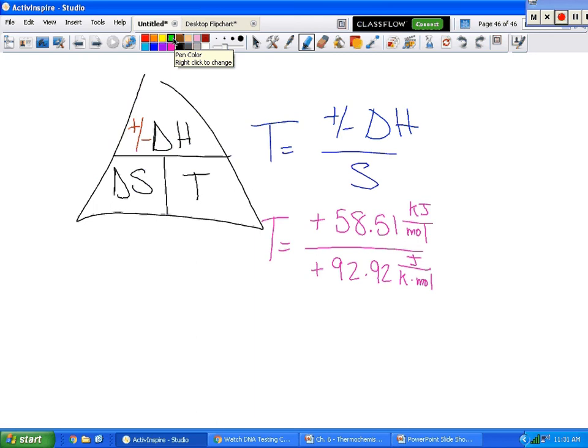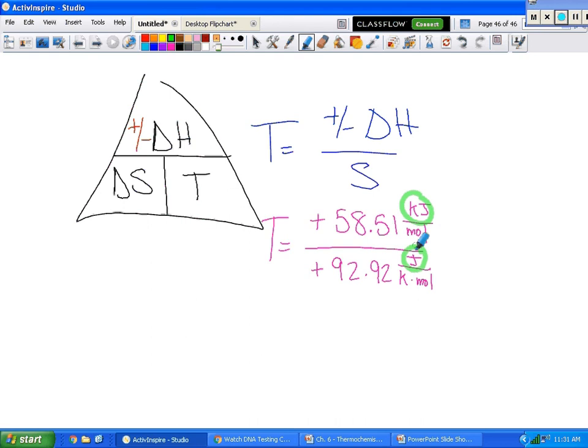I've told you this for a long time now, that they do this when it comes to delta S and delta H. I don't know why they do it, but they do it. It's just to see if you're paying attention. So people like Mitchell and Nick that don't ever include their units are really going to mess this up. As long as you get it right, that's fine. But you've got to pay attention to your units here.